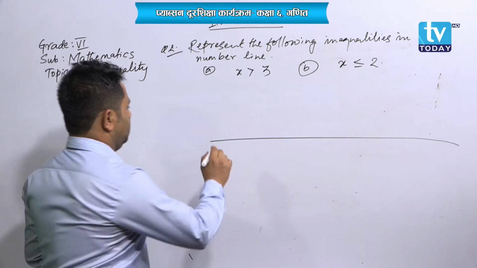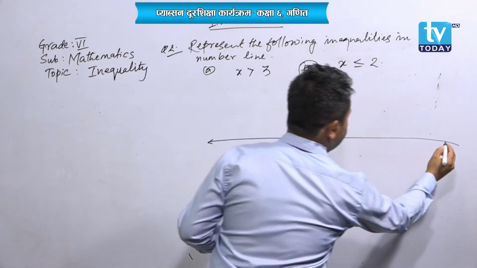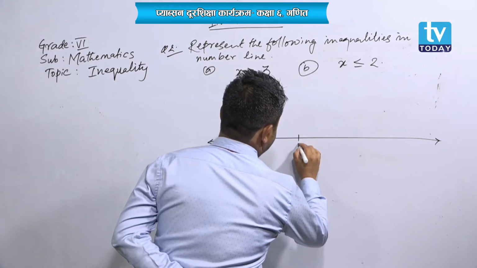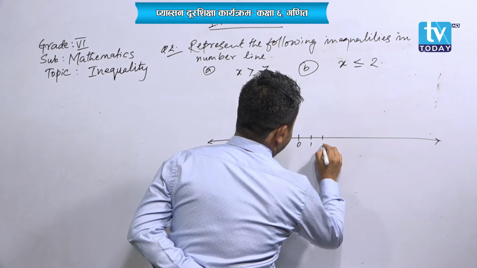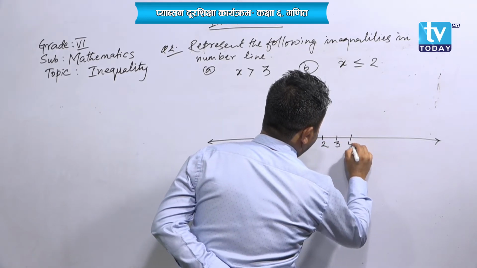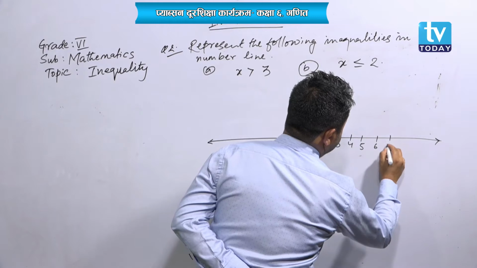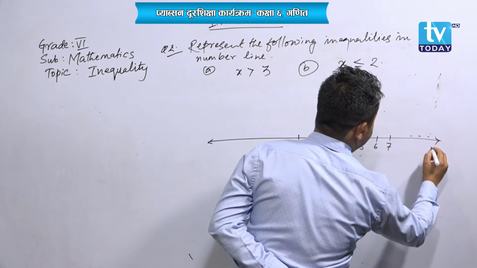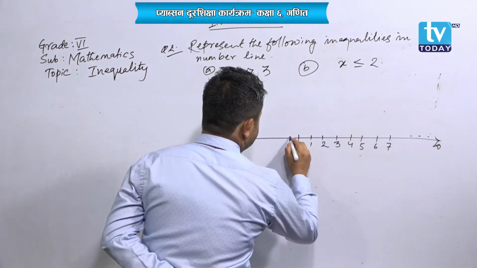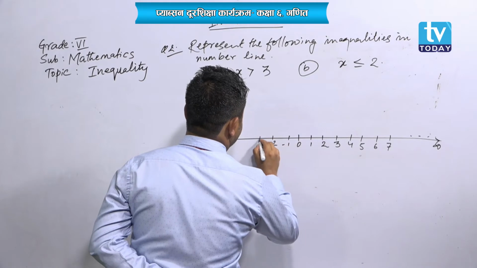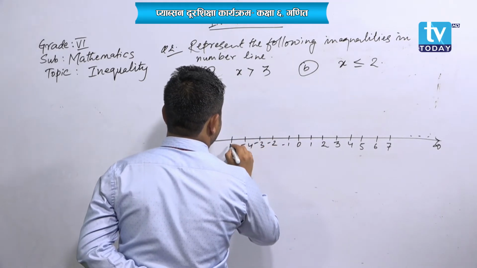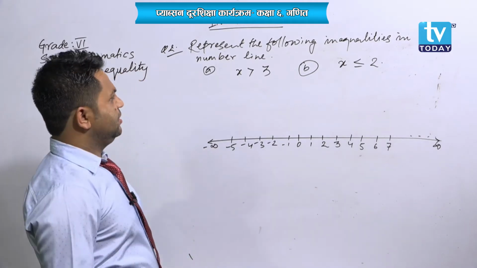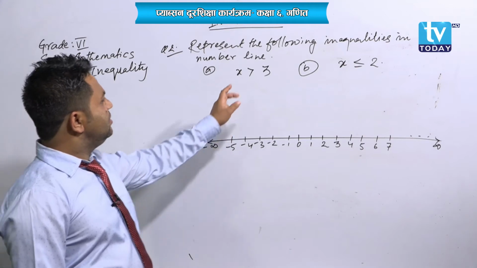Now you can start 0, 1, 2, 3, 4, 5, 6, 7 up to infinity, and minus 1, minus 2, minus 3, minus 4, minus 5 up to minus infinity. Okay. Now how to represent this in number line?